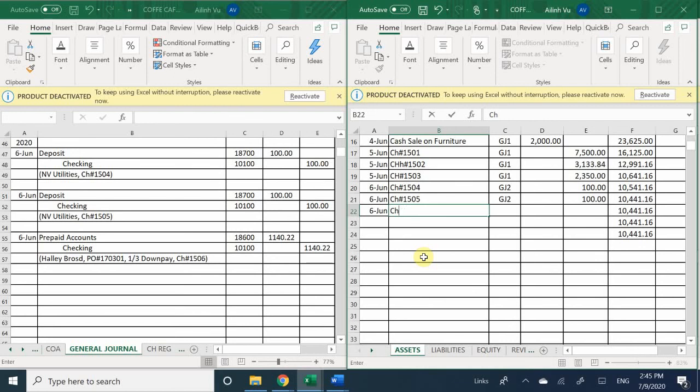Yes. 1506, and this was general journal number 2. And we wrote a check for 1140.22. And now my new balance should be 9,394.